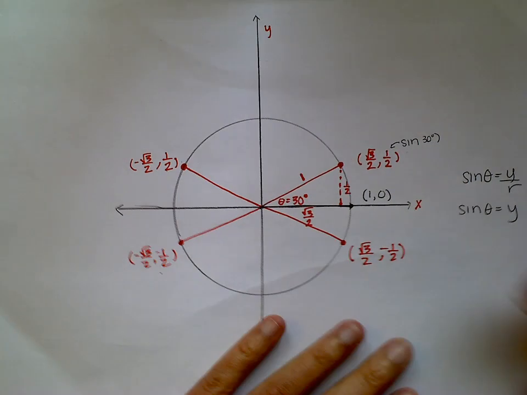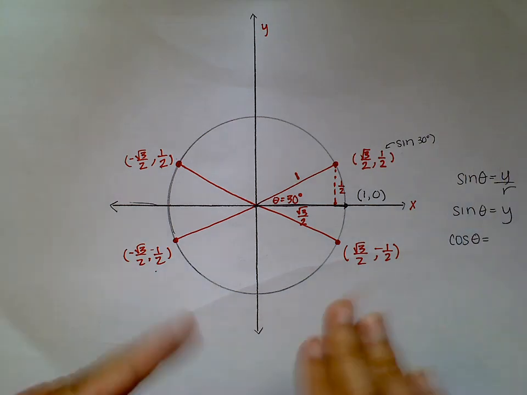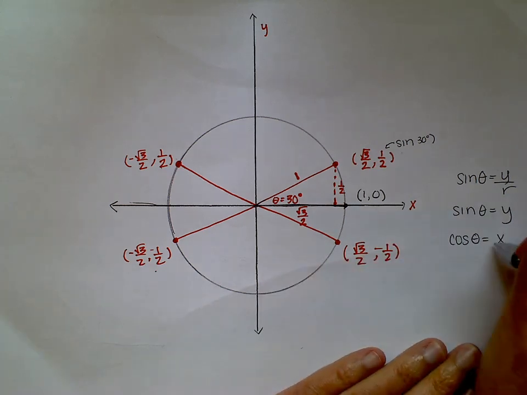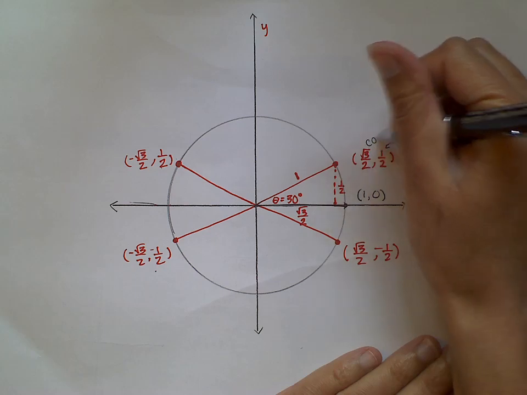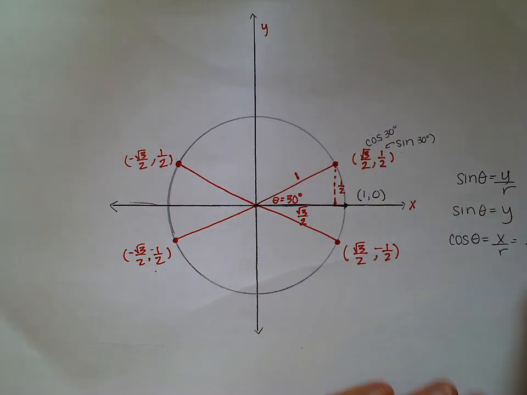And if you remember, cosine of theta, when we were drawing on our coordinate grid, the little thing I did with you guys two videos ago actually, cosine was always x over r, but my radius is 1, so really it's just x. So this is the cosine of theta, or cosine of 30 in this case.